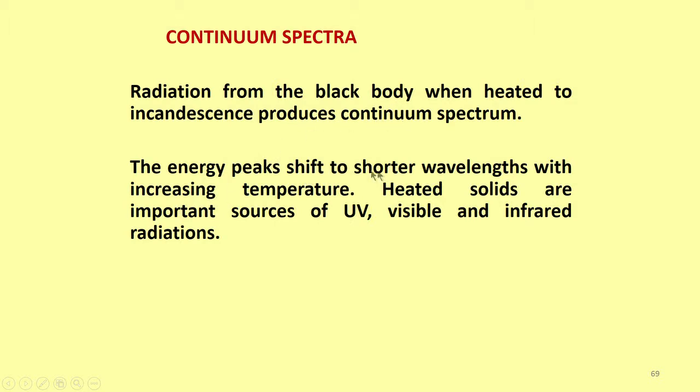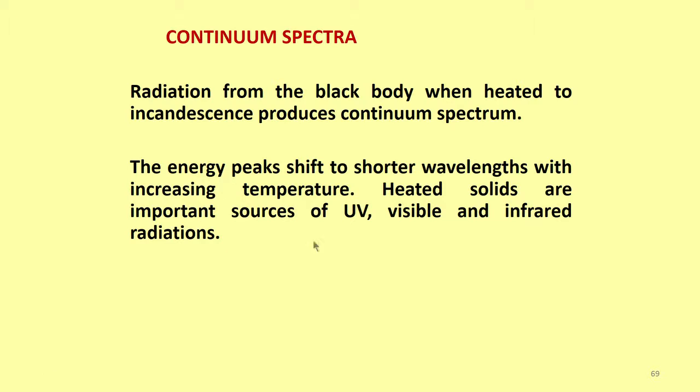The energy peaks shift to shorter wavelengths with increasing temperature. If I keep on increasing to a higher temperature, the energy peak will come like this, and then it shifts to shorter wavelengths. So, heated solids are important sources of UV, visible and IR radiations.